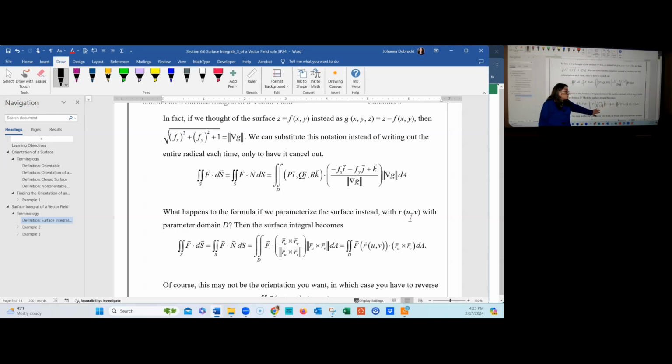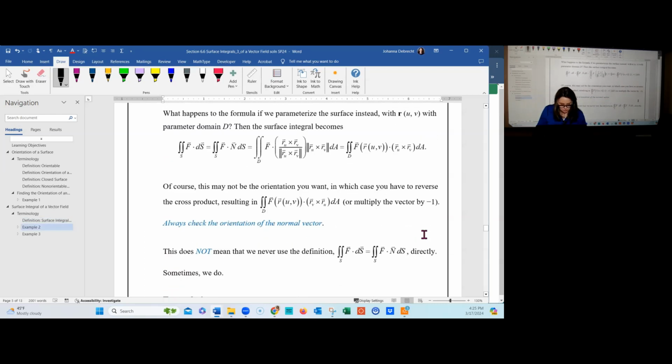Again, the magnitude will drop out, and you see that you get something very similar to what you got previously with vector line integrals. You have the vector field parameterized as a function of r of u and v, dotted with a normal vector, r sub u cross r sub v, in a double integral over the parameter domain.